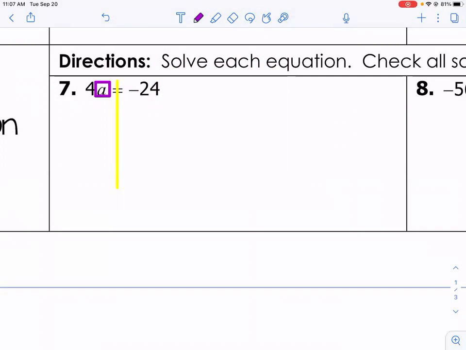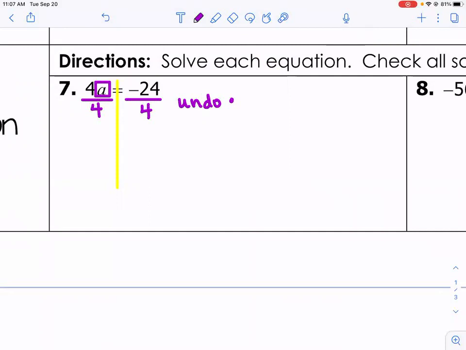Multiplication, okay? And here's something that's good to talk about. If there is nothing in between a number and a variable, we assume that it's multiplication, okay? So 4 is tied to A by multiplication. We're going to have to undo our multiplication, and to undo our multiplication, we are going to have to divide by that number on both sides.